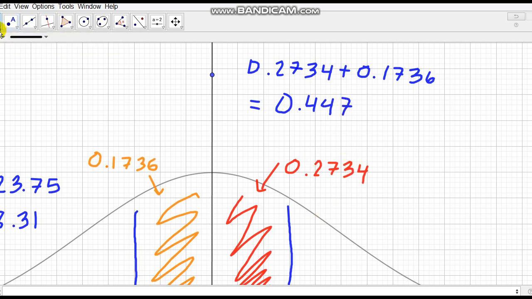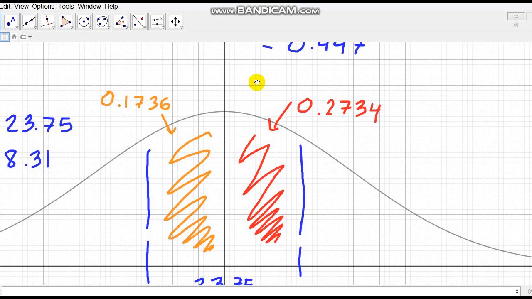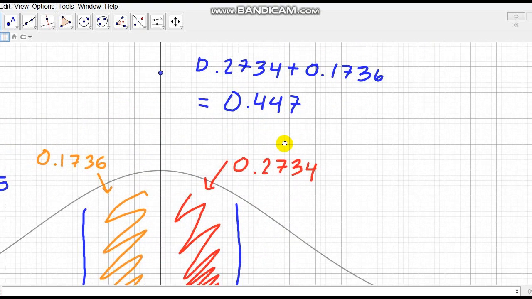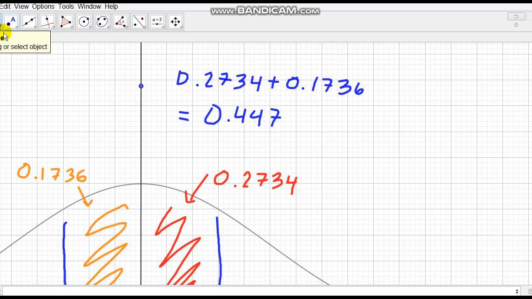Therefore, the area between these two is 0.447. Or if we convert this into percentage, this is equal to 44.70%. So this means that the probability that a randomly selected student will have a score between 20 to 30 is actually 44.70%. So that's the probability that we have.